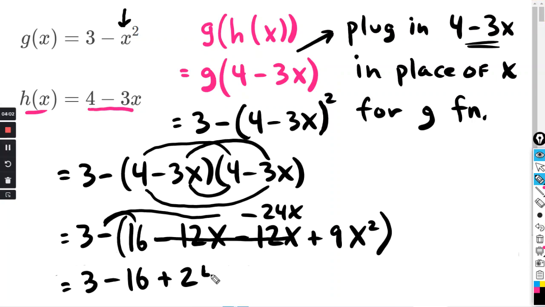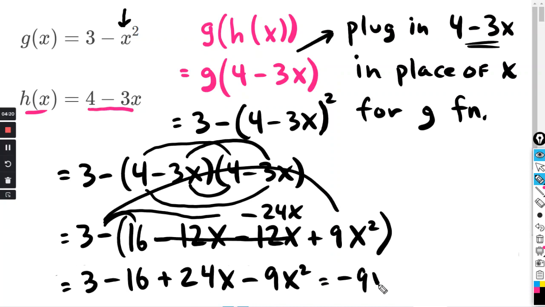So that's positive 24x. And the last term, negative times 9x squared, negative 9x squared. Okay, and finally, just cleaning this up, I would rather write the larger exponents first. So negative 9x squared.